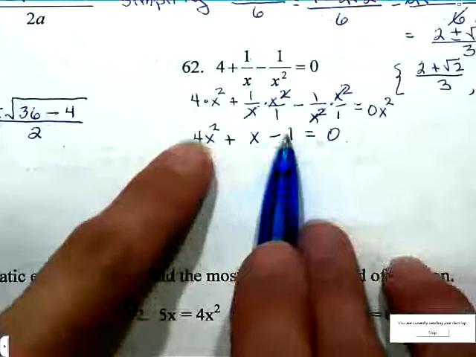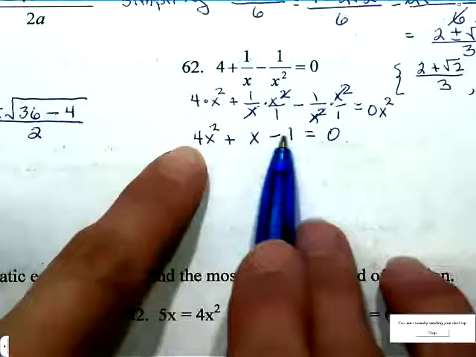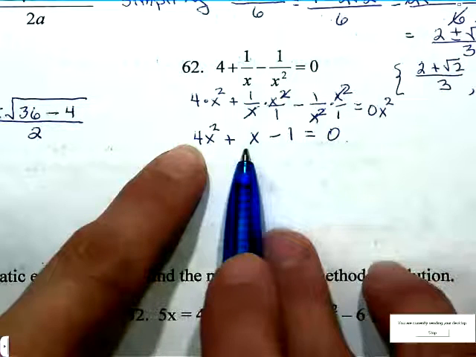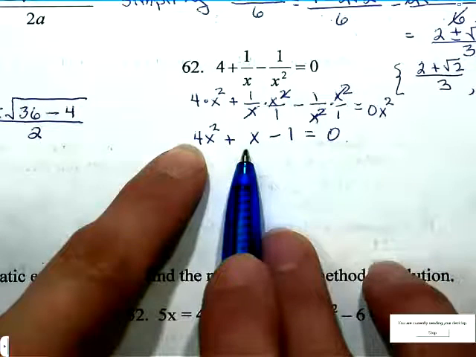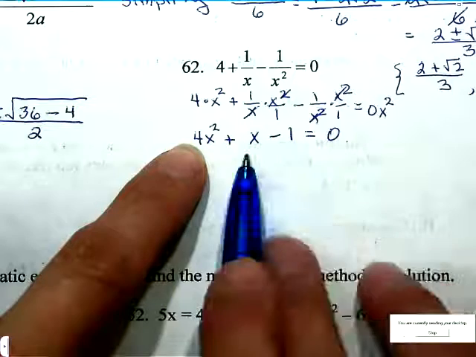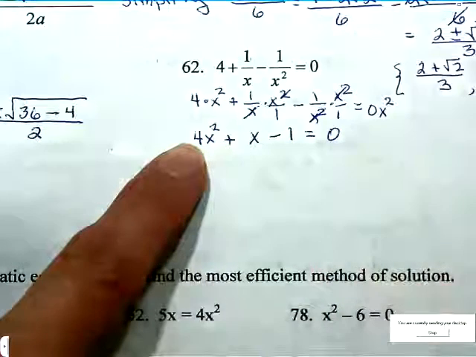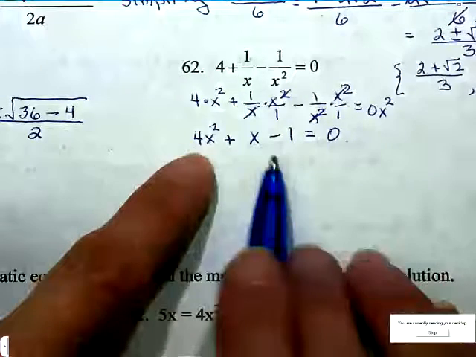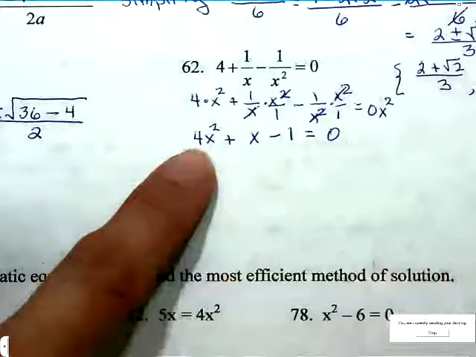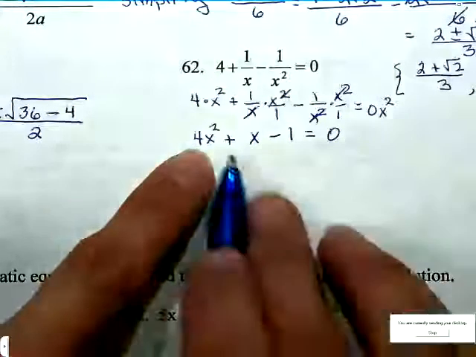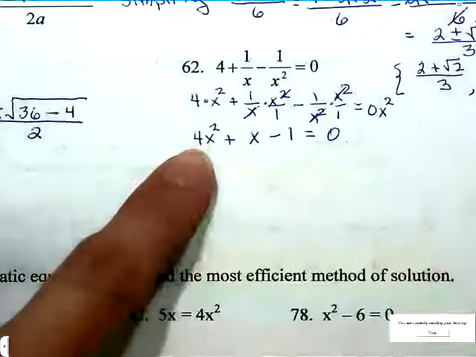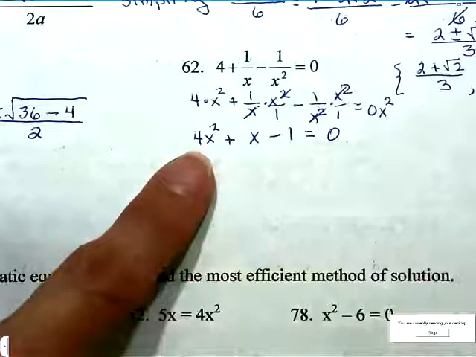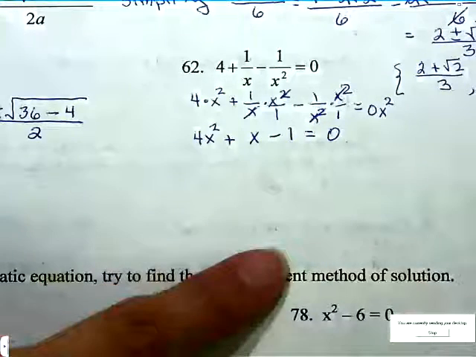Are there factors of 4 that have a difference of 1? No. No factors of 4 that have a difference of 1. It won't factor. Could we use the square root method? Nope, have that x to the first term, can't use the square root method. If all else fails, use the quadratic formula.